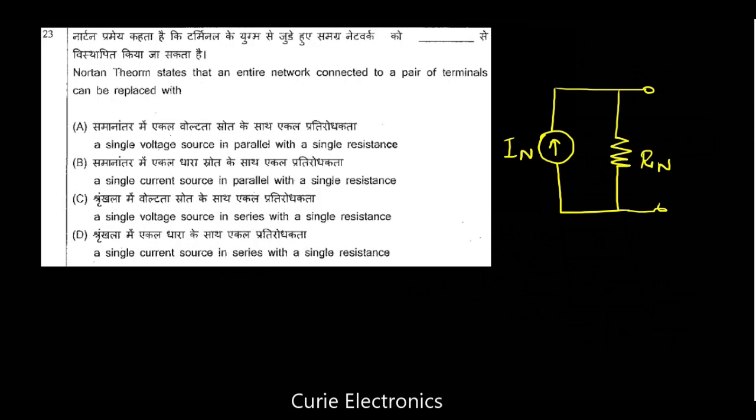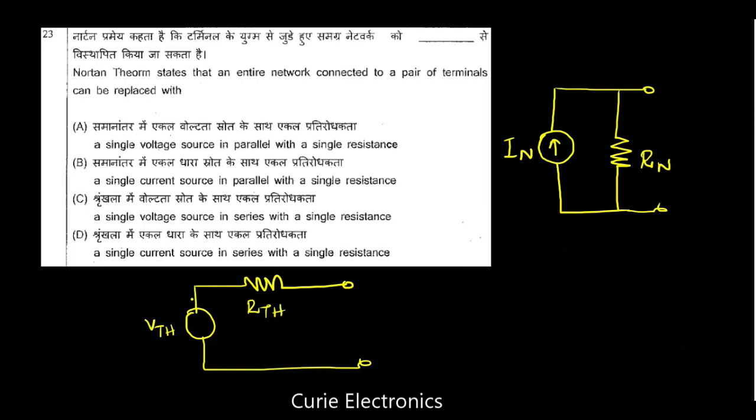And there is one more theorem, that is Thevenin. As per the Thevenin, any linear bilateral network, we can replace with a Thevenin voltage, that is VTH, in series with a resistance RTH. This is the Thevenin.